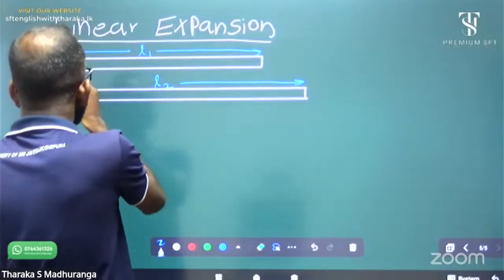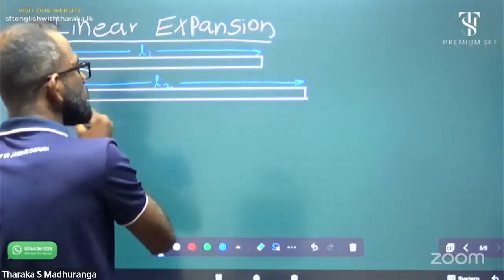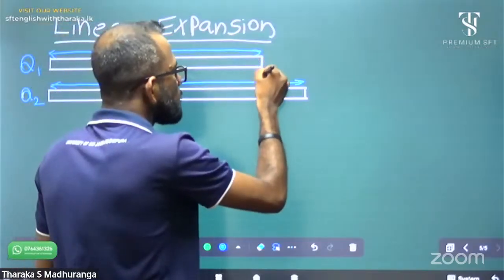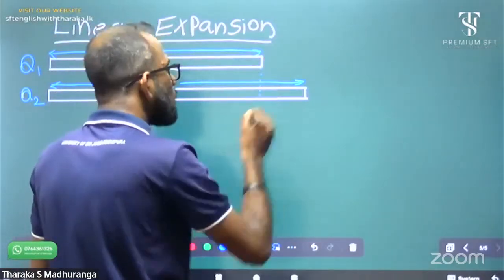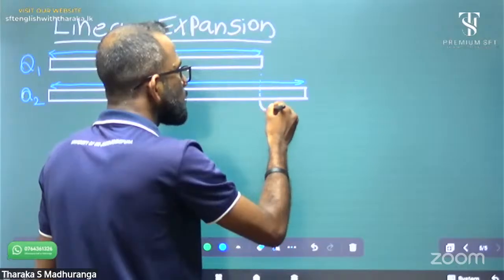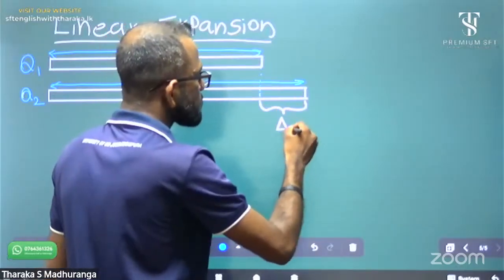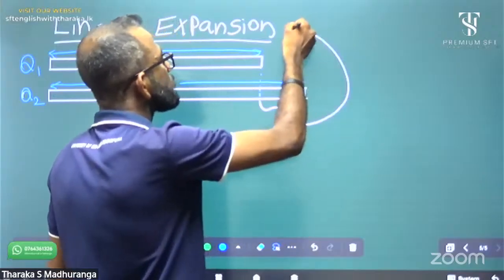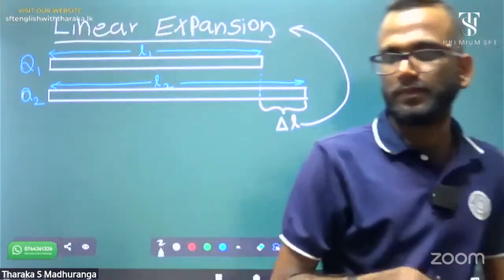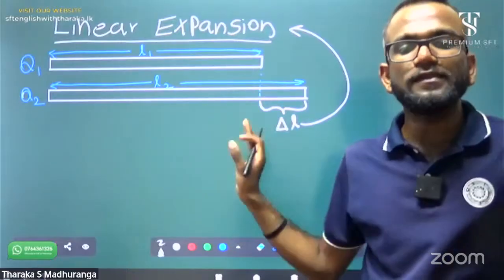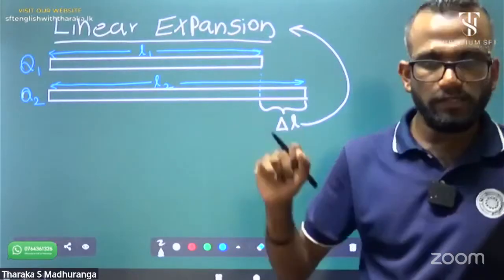L2 is the final length. This increased amount we call delta L. The delta L is the linear expansion. This delta L, the increased length, is the linear expansion. Got it?